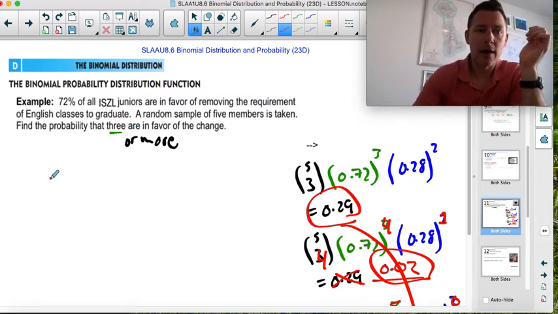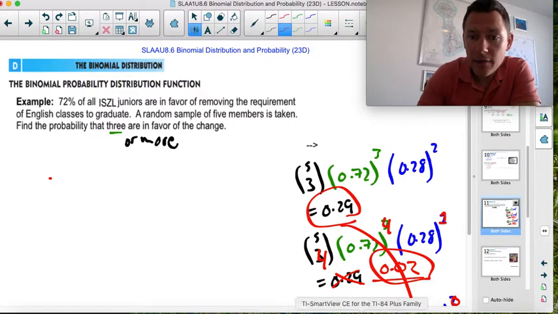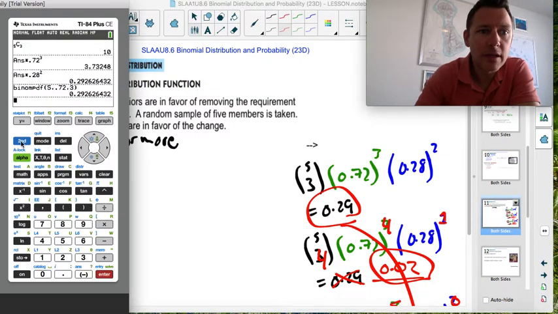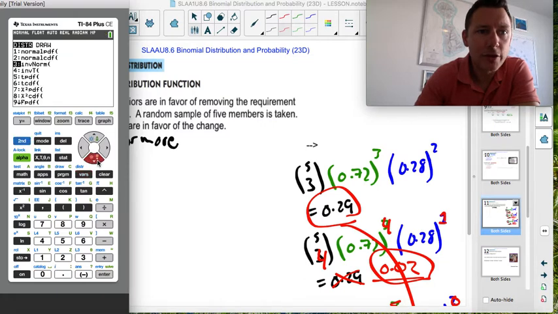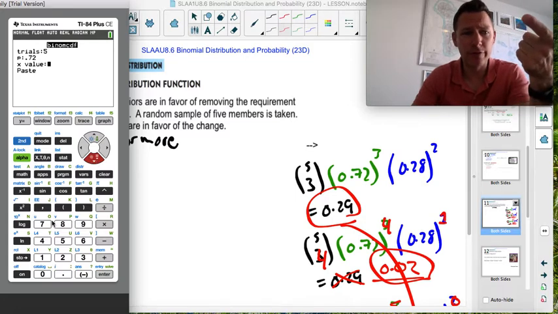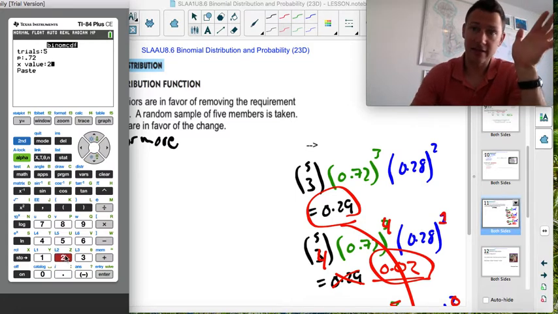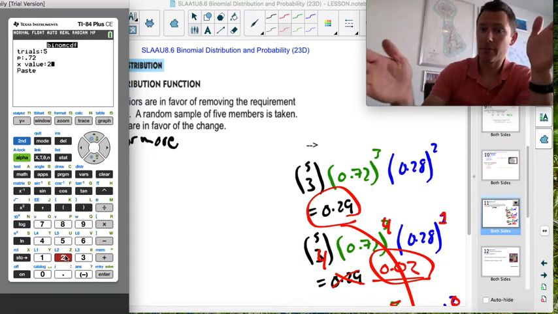So I think the way to run this would be on your calculator, distribution, CDF, trials, 5 people, probability of success, 0.72, and I'm going to put in 2 for the value, because CDF calculates from 0 up to whatever number you put in.